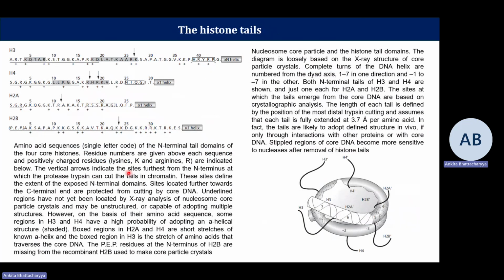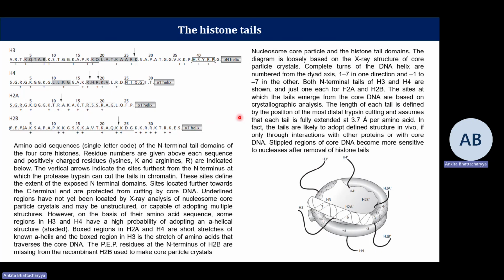Now you can see here the amino acid sequence of the four core histones, and you can specifically look at the N-terminal tails, which have multiple sites that can undergo many different kinds of modifications. That controls a large part of the epigenetic variations that we talk about whenever we refer to any post-translational modifications within the cell.